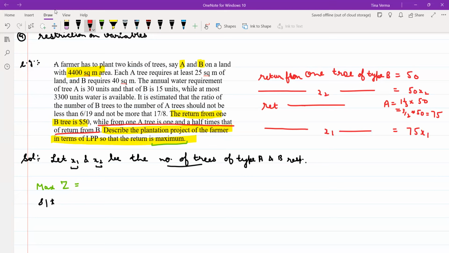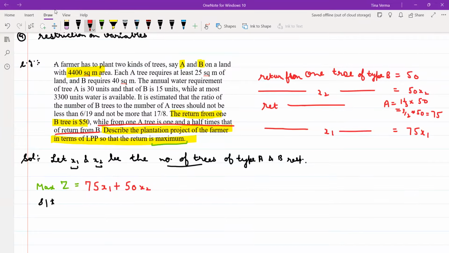You plant both types of trees, so your objective function is 75x1 plus 50x2. Is it clear? Yes or no?